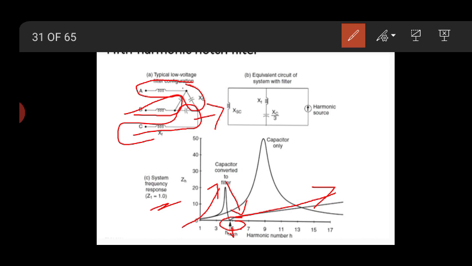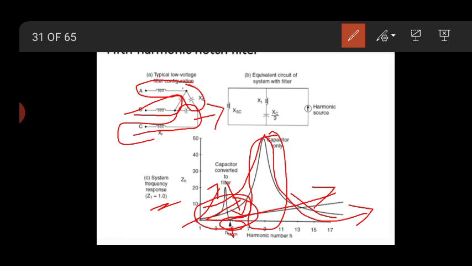Say if you are applying only a capacitor, what happens? The capacitor will offer very high impedance for a particular harmonic, and it will have lower impedance for higher order harmonics. So the capacitor will have lower impedance for some lower order harmonics, and it will not be able to filter out particular harmonics like the 7th, 9th and 11th.